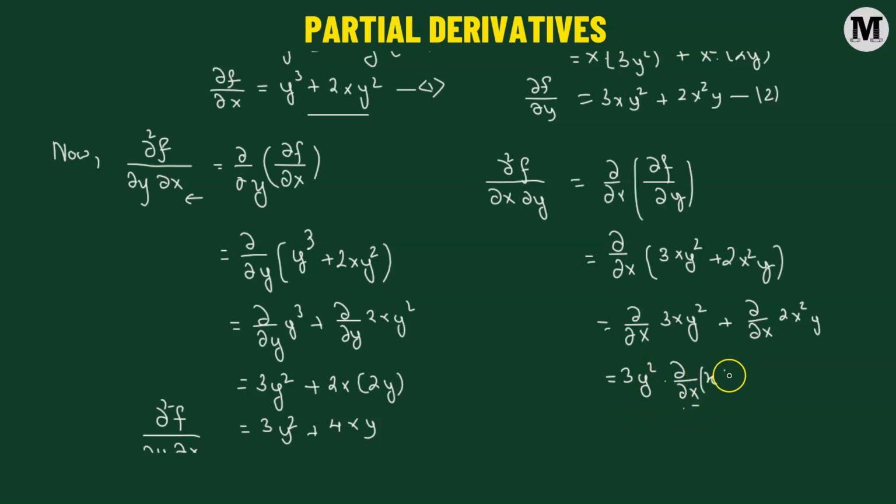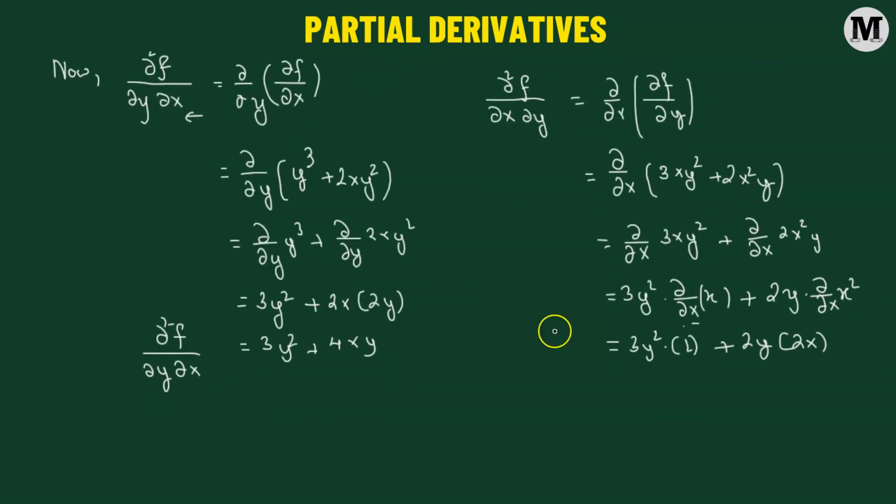So x is the variable here. And then for the second term, we pull out 2y and multiply it by partial with respect to x of x squared. So we get 3y squared times the partial of x with respect to x, that's simply 1. This will be added to 2y times partial of x squared with respect to x, which equals 2x. So we get the result 3y squared plus 4 times xy.